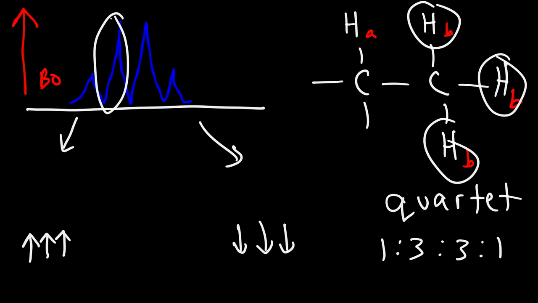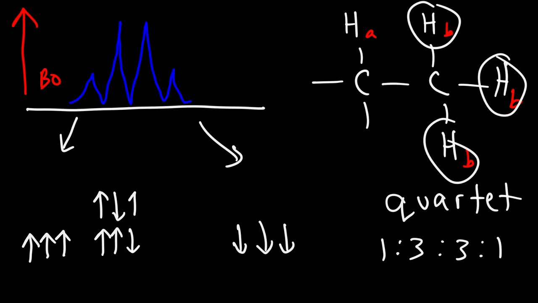Now for this one here, we can have two that are aligned with the magnetic field, and one will be against it. So it can be up, up, down. It can be up, down, up, or it could be down, up, up. So there's three possibilities in which two of the three magnetic fields will be aligned with the magnetic field.